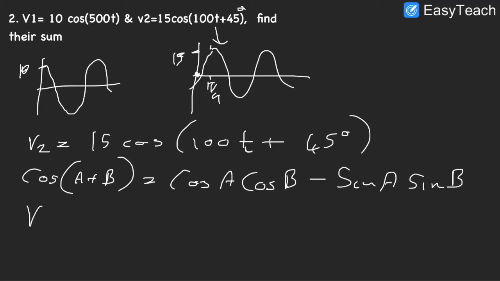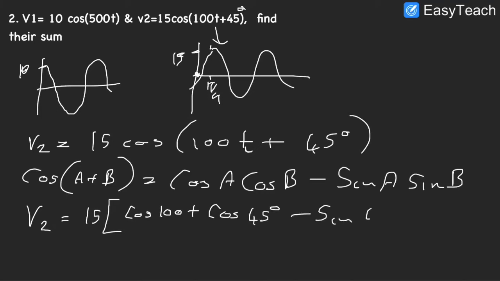So our V2 is going to be 15 times, opening the bracket, cosine 100t cosine 45 degrees minus sine 100t sine 45 degrees.